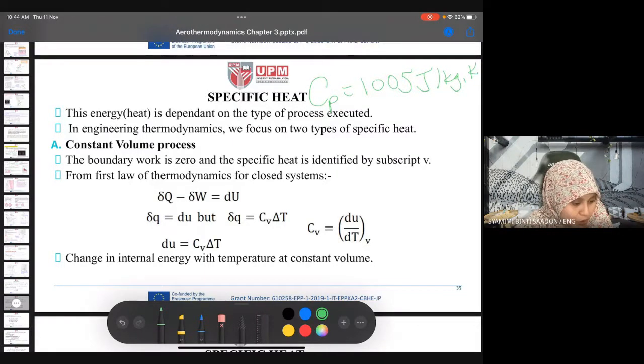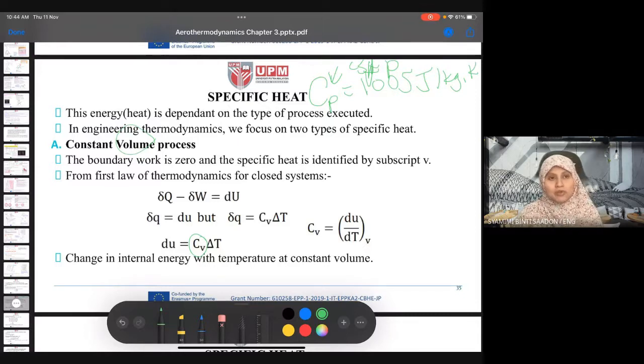We focus on two types of specific heat: one for constant volume process, another for constant pressure. This one is constant pressure, and this one is constant volume, which we write as Cv.